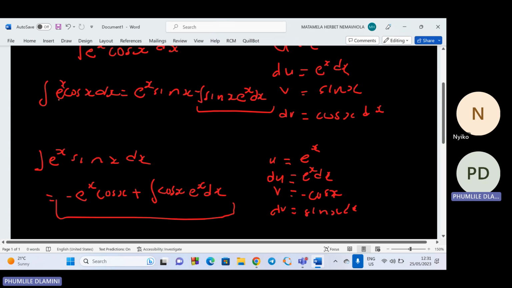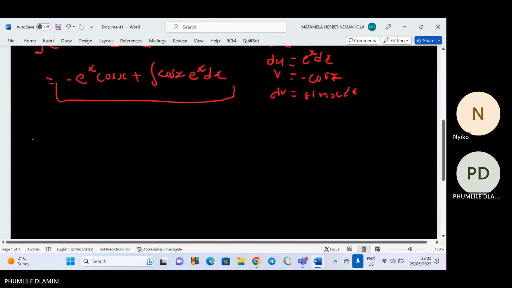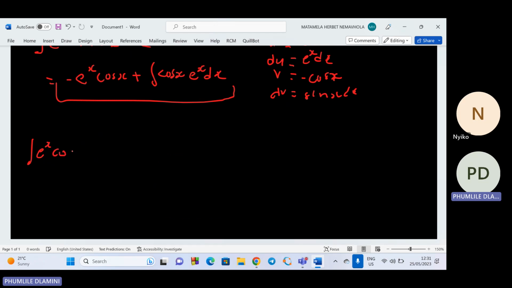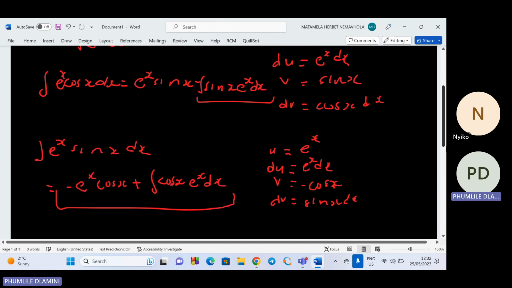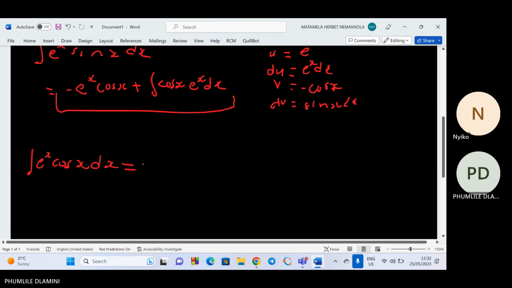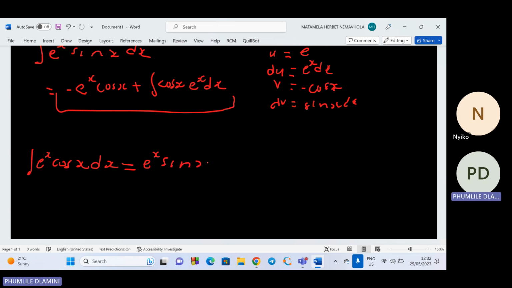The integral of e to the power x cos x dx equals e to the power x sine x, minus, where there is that integral which we worked out, now we are substituting with this.